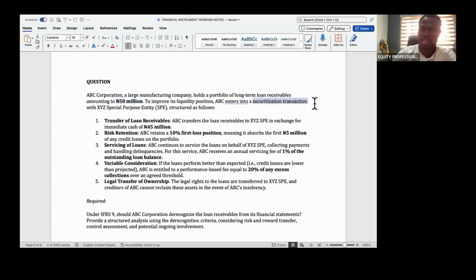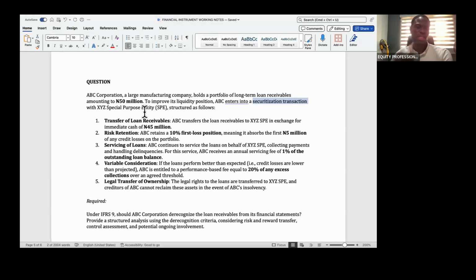A securitization transaction is just where you want to monetize your receivables, right? You need money. So they give you money and you give them your trade receivables. So that's part of what securitization means.